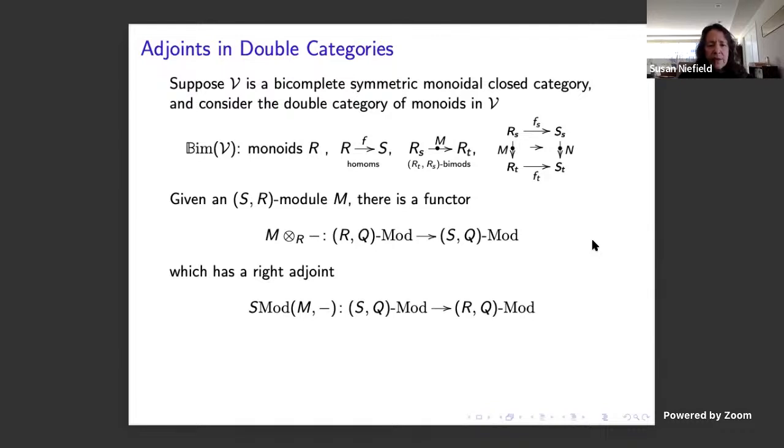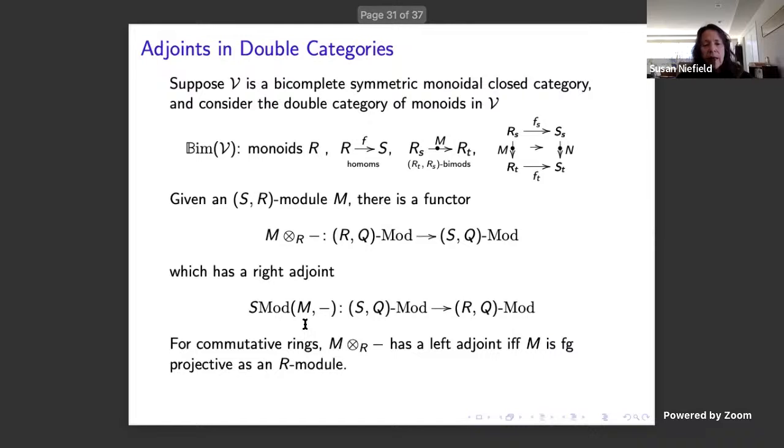And that has a right adjoint, and this is pretty standard notation and well known, which I'll denote by S mod M blank. So if you take an SQ module and put it in there, you get an RQ module. It's a right Q module, because the thing you put in is right, and it becomes a left R module because it's contravariant in the first variable. M is a right R module that becomes a left R module.